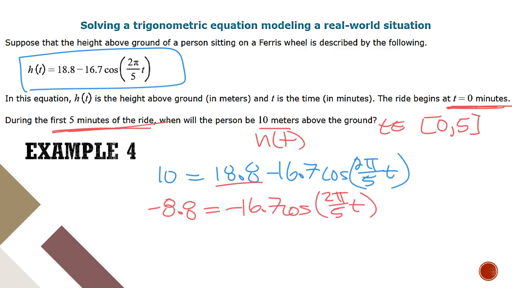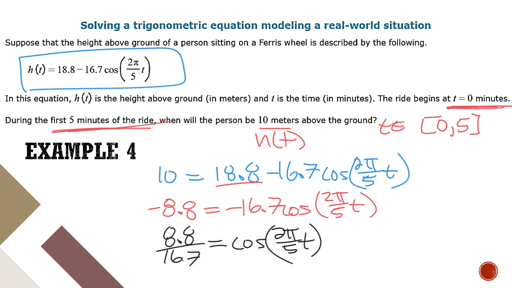Very similar to when we use the law of cosines, it's that same format. When we divide by negative 16.7 on both sides, we get a positive 8.8 over 16.7, because the negatives will reduce, and this will be equal to cosine of 2 pi over 5t.